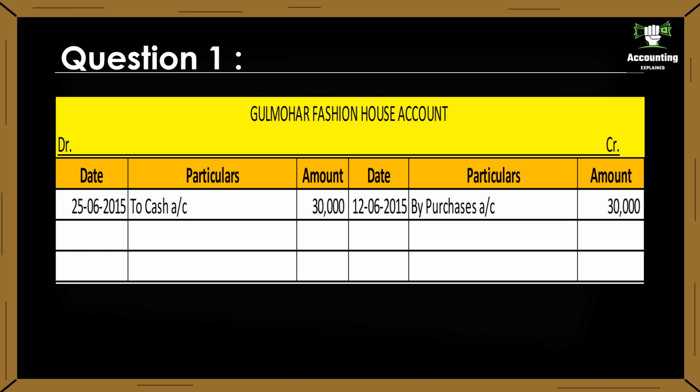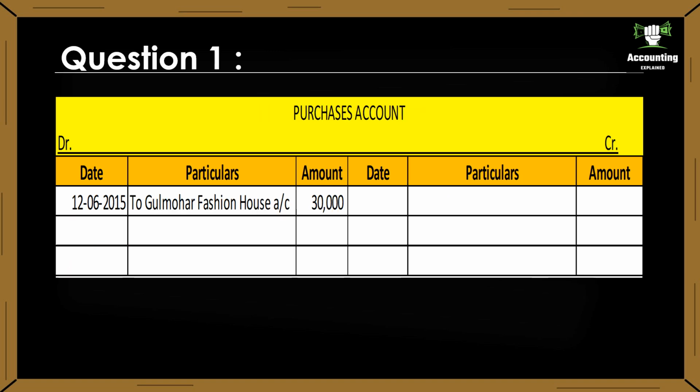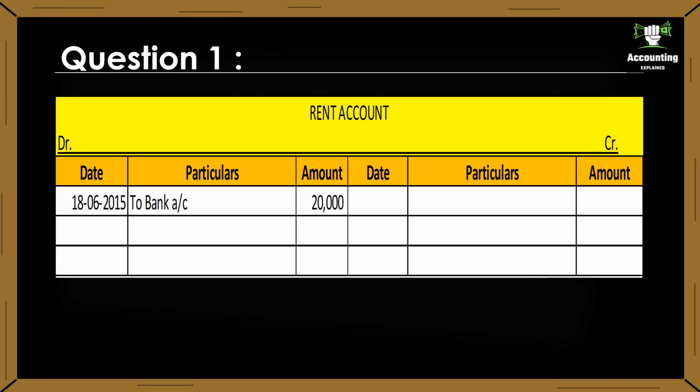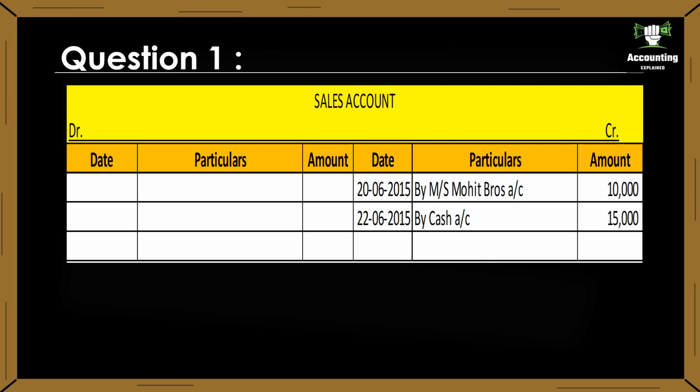This is the Gulmohar Fashion House account. This is the purchases account. This is the office machine account. Your rent account will look like this. Mohit Brothers account will look like this. Sales account will look like this.